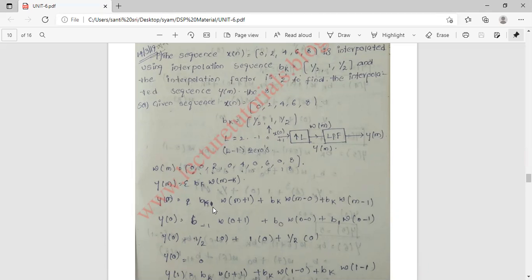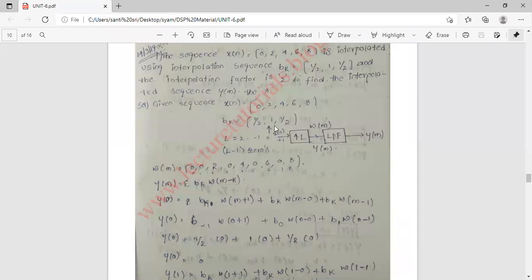So for y of 0, it can be expanded like this: bk into w of m plus 1, plus bk into w of m minus 0, plus bk into w of m minus 1.